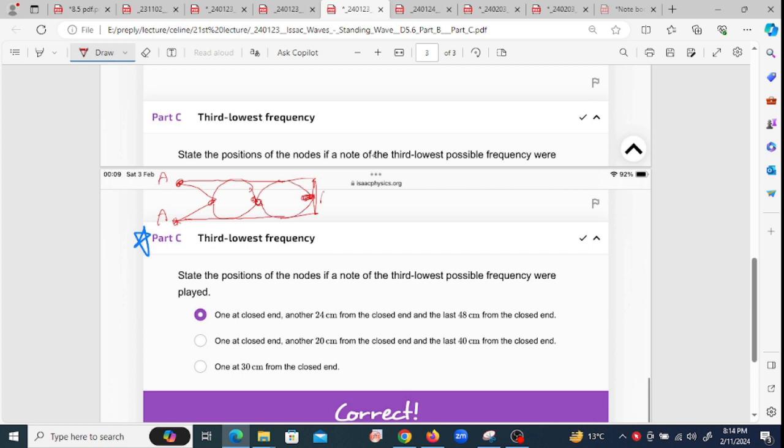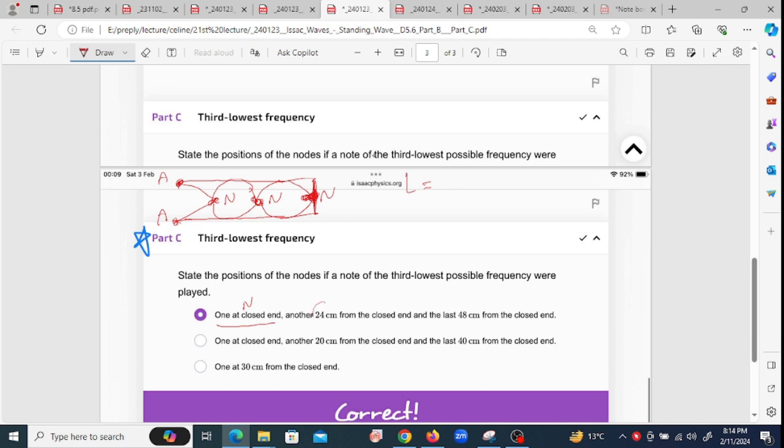So this end is node, then this is node, this is also node, and this is antinode. So we have to find the total length again. At the close end we have a node, so this option is the correct one.